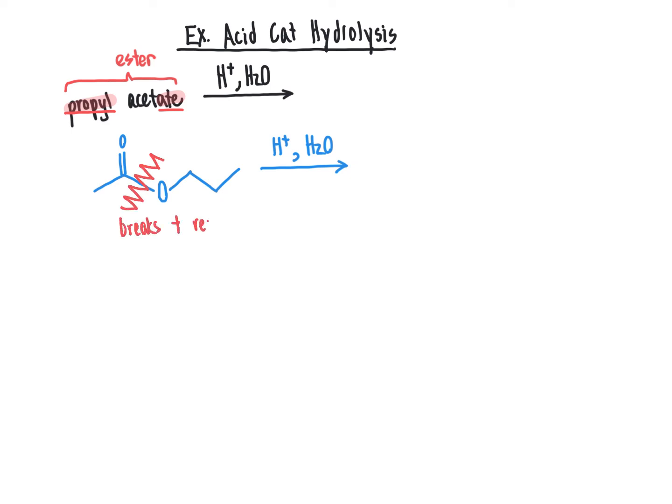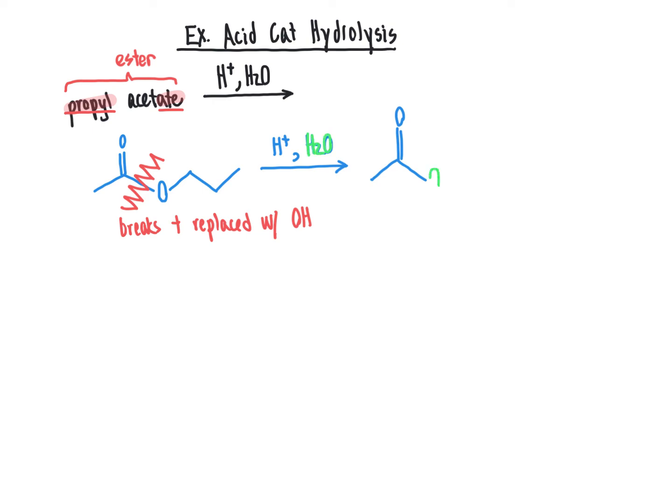And that bond gets replaced with an OH group from the water molecule that comes in. And therefore, we can go ahead and draw out the products of this reaction. So we'll still have our carbonyl group bonded to the methyl, hence we still have our acetate group in place here. And now we've replaced the O-alkyl group from the ester with OH from water.